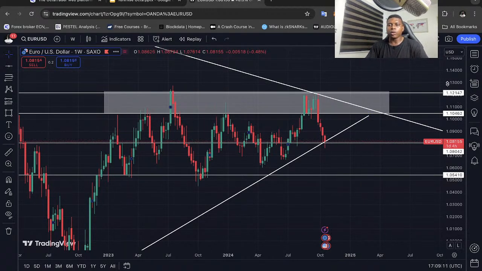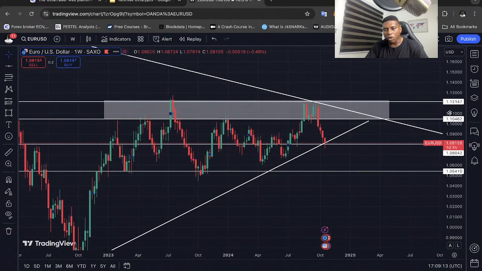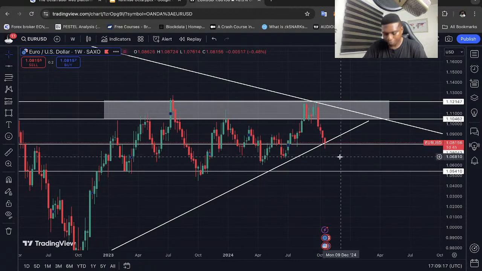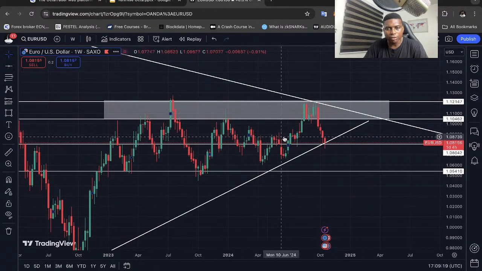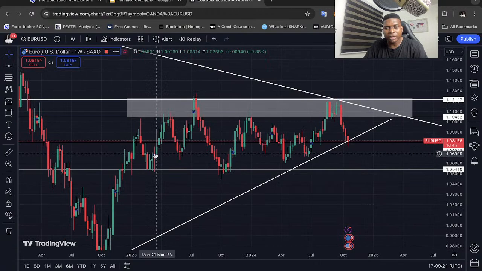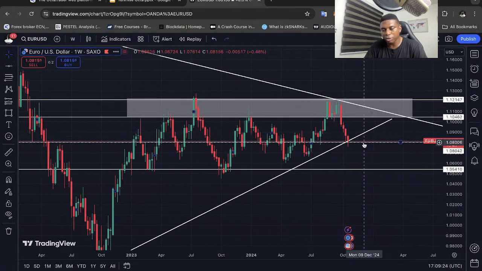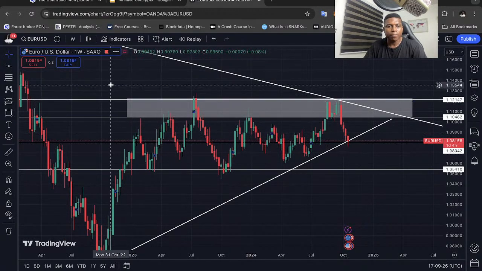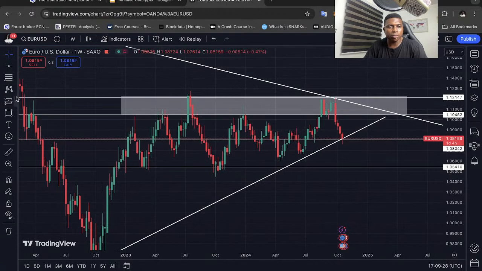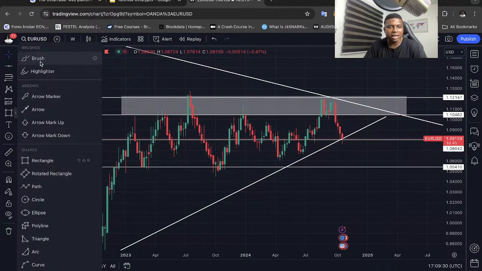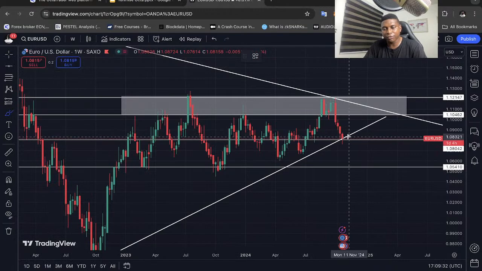So we want to look at what is next for EURUSD. Looking at price sitting on the support zone, we can say that there are two things we can infer from here.